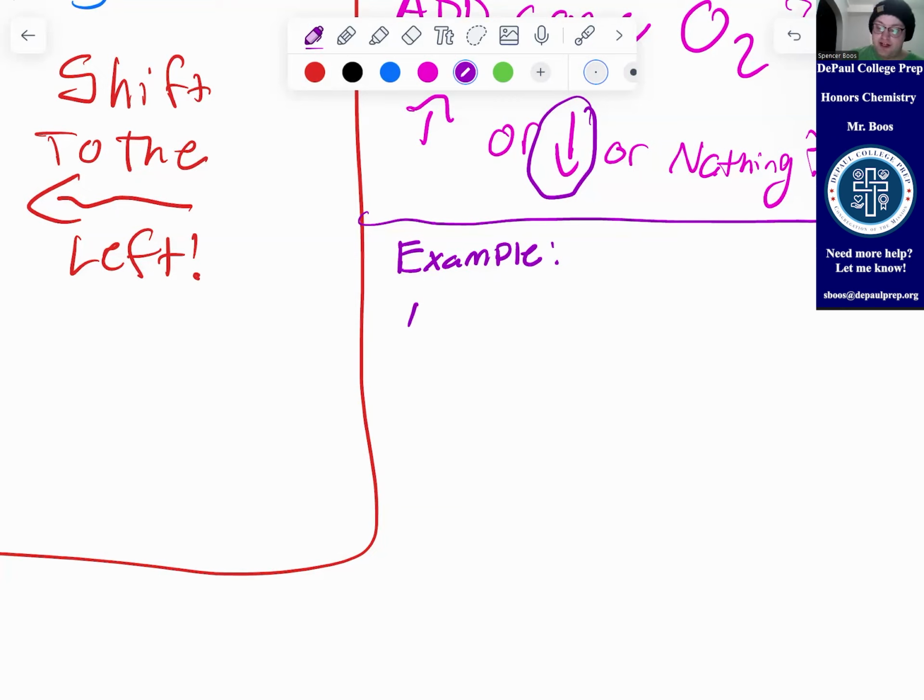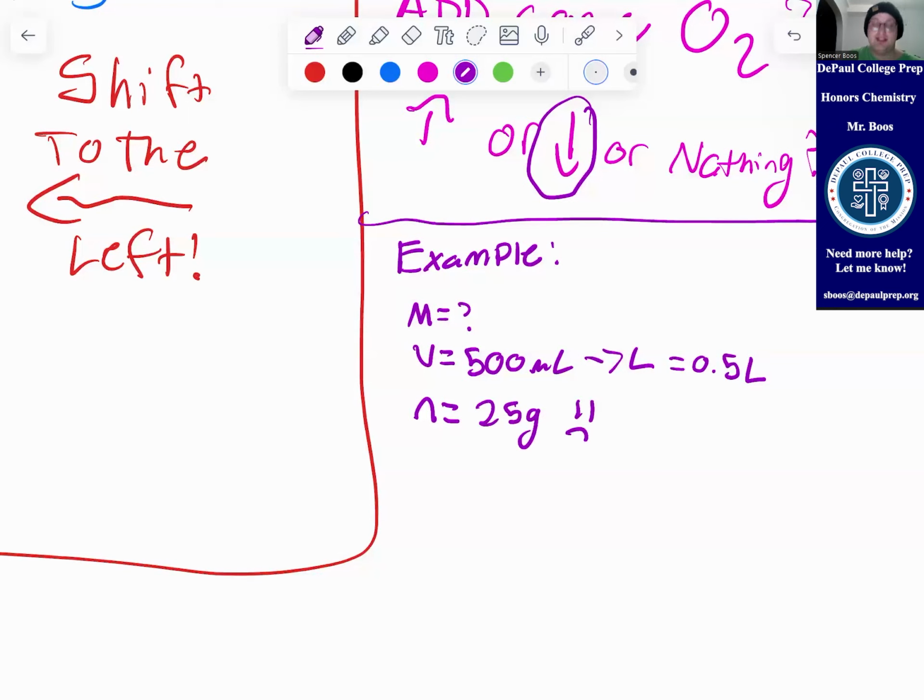So we need to find the molarity of this. The volume is given, that's 500 milliliters, but we need that in liters. So we convert it to 0.5 liters. We need moles, though, and it gives us 25 grams, which is not the unit we need.